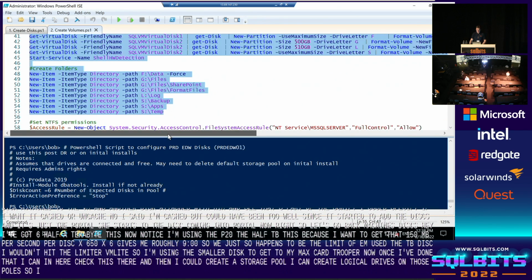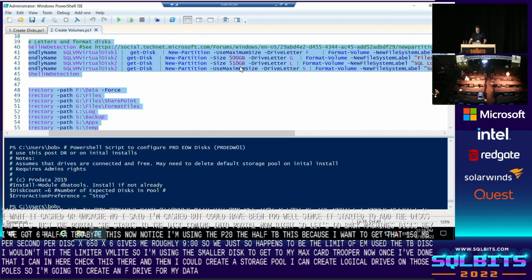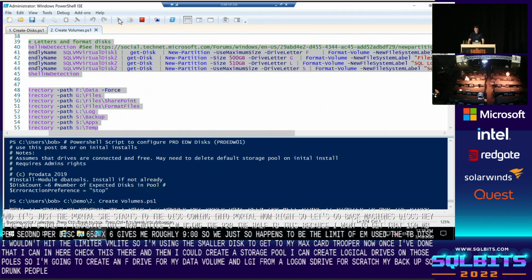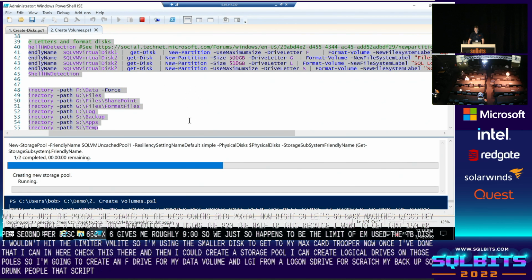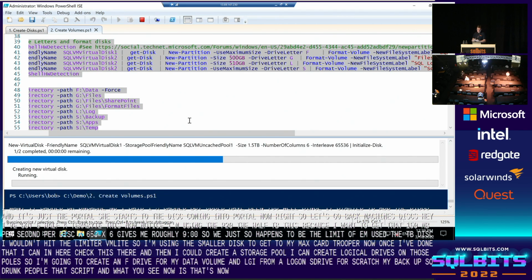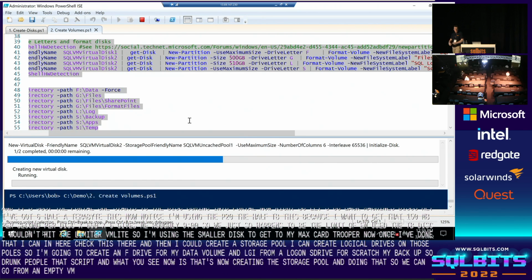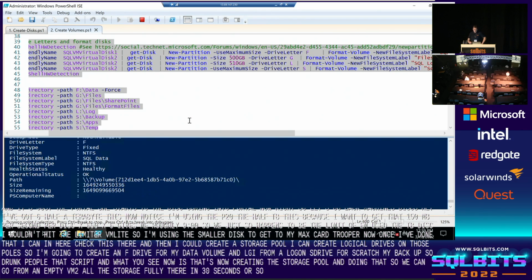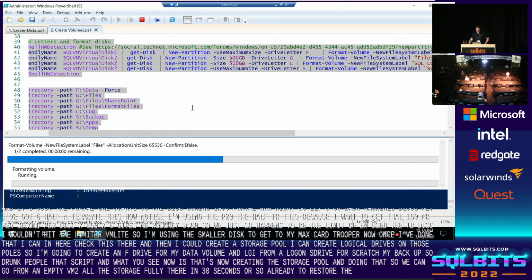So I'm going to create an F drive for my data volume, an L drive for my log. I've got an S drive for scratch for any backups or junk that people are putting on. So let's just run that script. And what you see now is that's creating the storage pool. So we can go from an empty VM to all the storage fully there in 30 seconds or so, all ready to restore the backup.